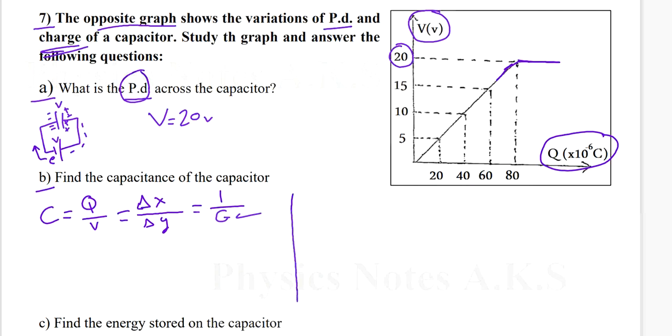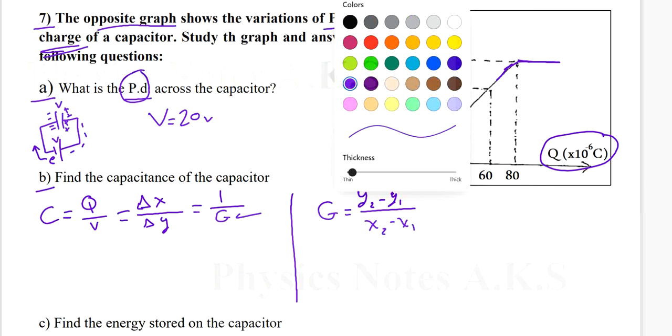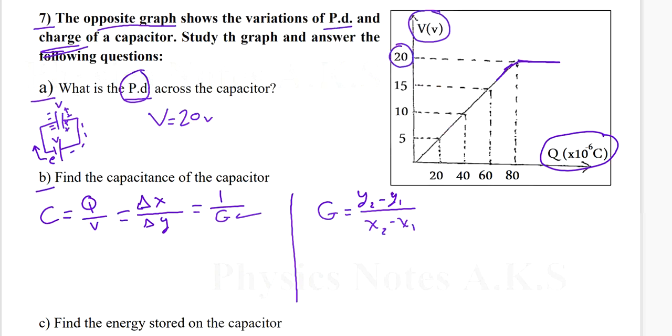Let me divide here. I will find the gradient right here. From math, we remember that gradient is the change of y over the change of x. I can say it is y2 minus y1 over x2 minus x1. To get x2, x1, y2, y1, I choose 2 points randomly from the graph. I will choose, for example, this point right here and this point right here.